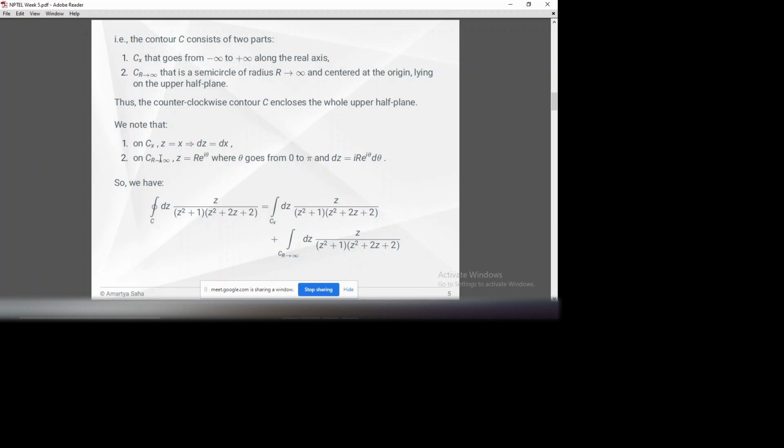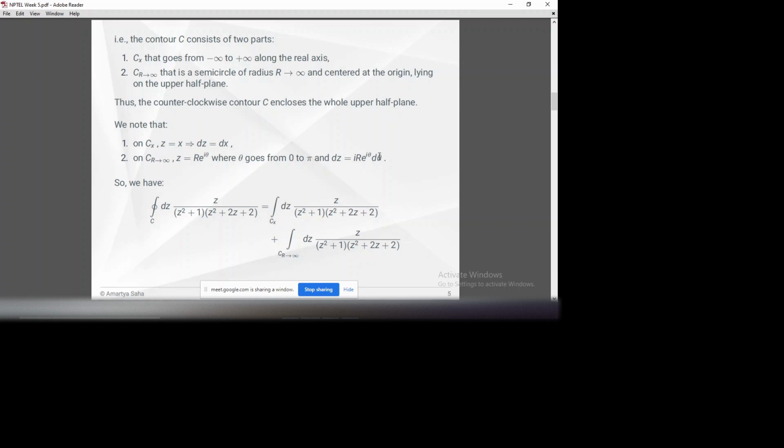On this semicircular arc we parameterize z as z equals r e to the power i theta. Since we trace this in the counterclockwise direction, theta goes from 0 to pi, and dz is i r e to the power i theta d theta.